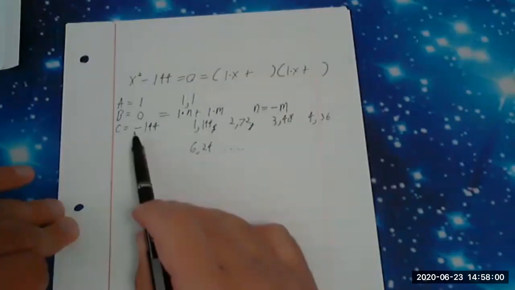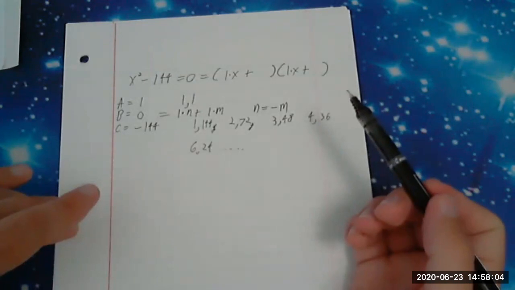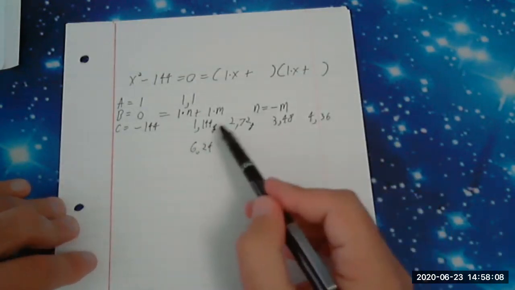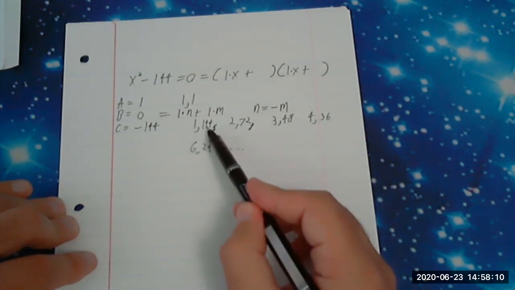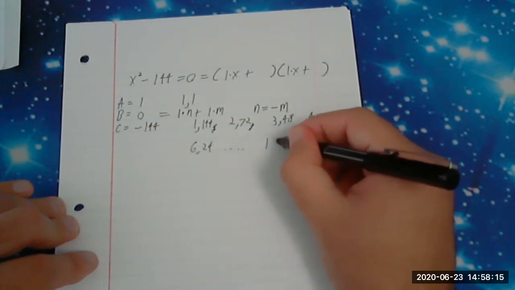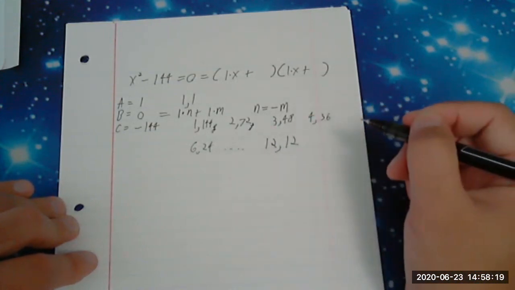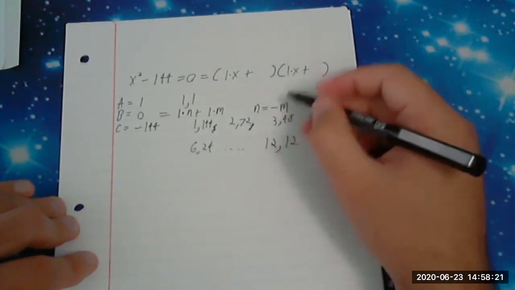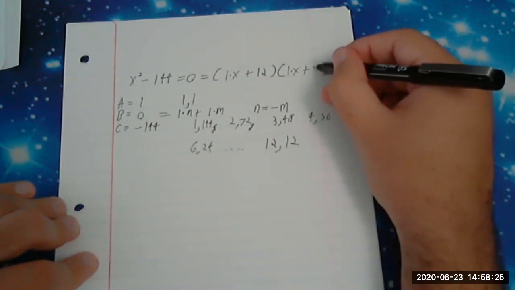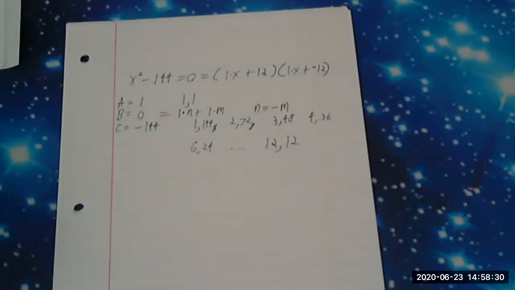So what this means is that the two factors that you choose can't be 1 and 144, because that is not equal to that. So the actual two factors you use are 12 and 12. But one of them is negative. So x plus 12 and x, you could say minus 12 or plus negative 12.